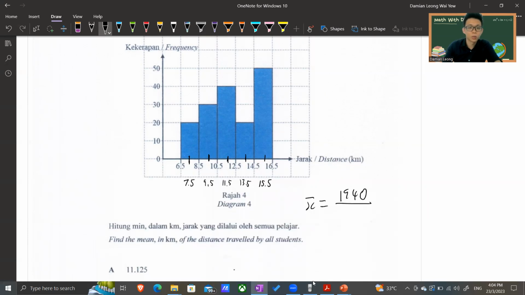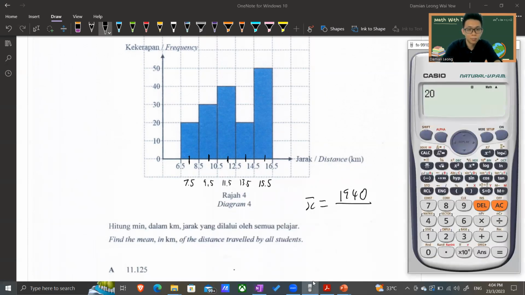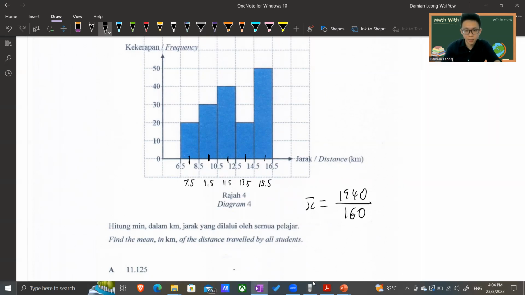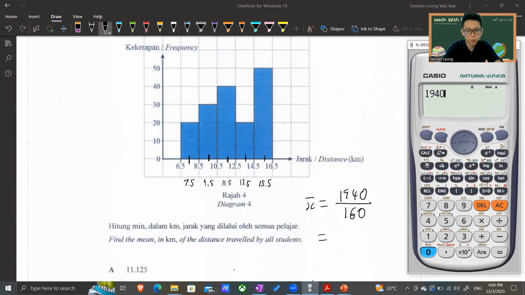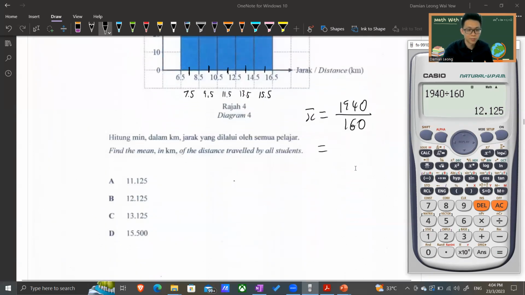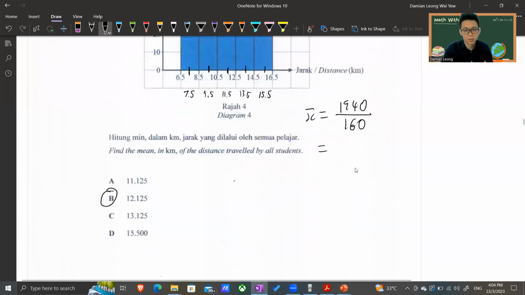That is 1940 divided by the total frequency, so 20 plus 30 plus 40 plus 20 plus 50, which is 160. So 1940 divided by 160 is 12.125. Answer B.